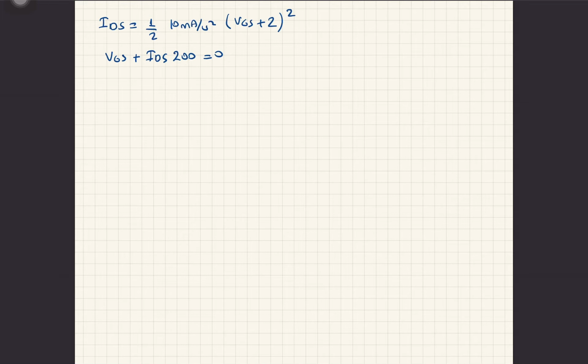So if you put VGS in this expression, you will find 200 IDS is equal to 4 times 10 to the power 4 IDS plus 4 minus 800 IDS.